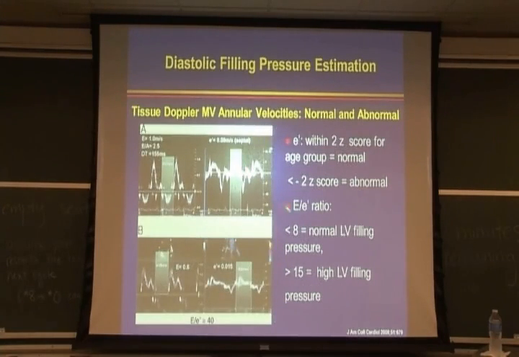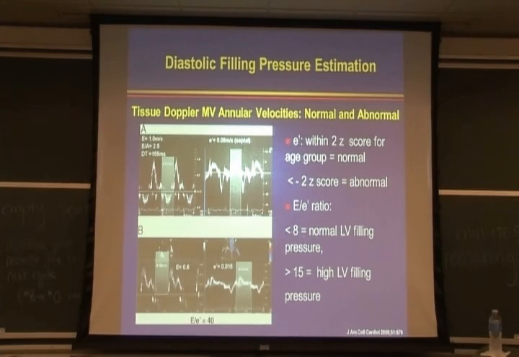Not only that, if we combine both myocardial velocity as well as blood flow velocity, and put them together and take the ratio, for instance, the ratio of the early mitral valve diastolic flow velocity with the early myocardial velocity, this ratio is called the E to E prime ratio, and it gives us an idea about the function, or actually the pressure in the ventricle.